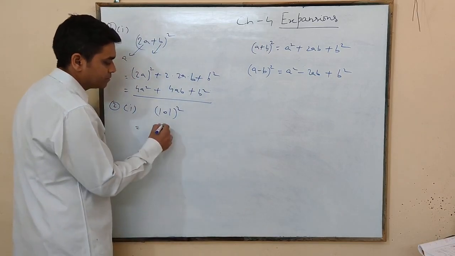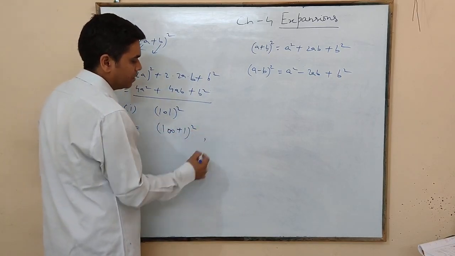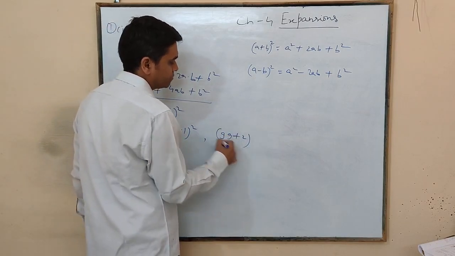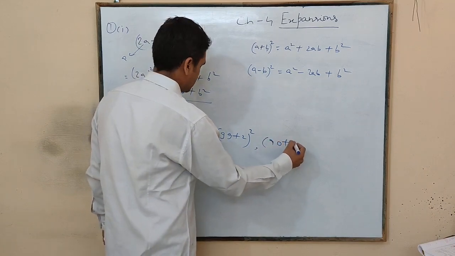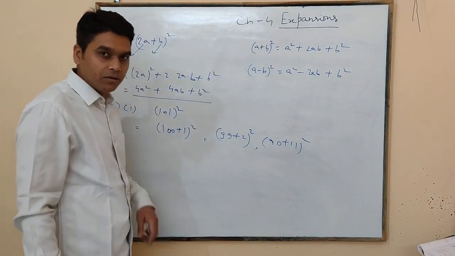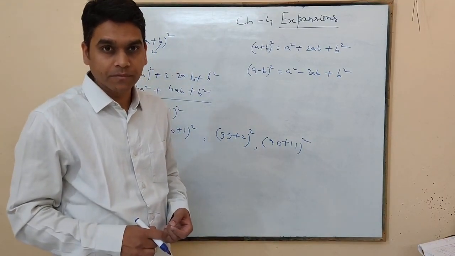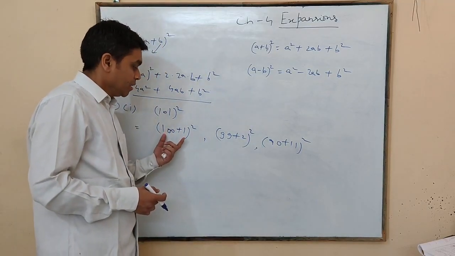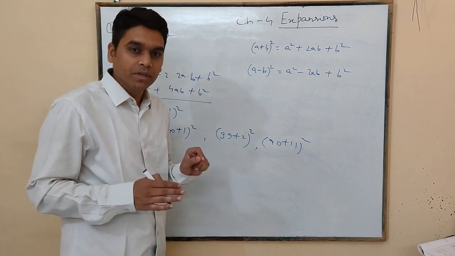We can break it into 100 plus 1, or 99 plus 2, or 90 plus 11. In so many forms we can take this value, but we have to choose the simple one. It means you break it in the simple form.